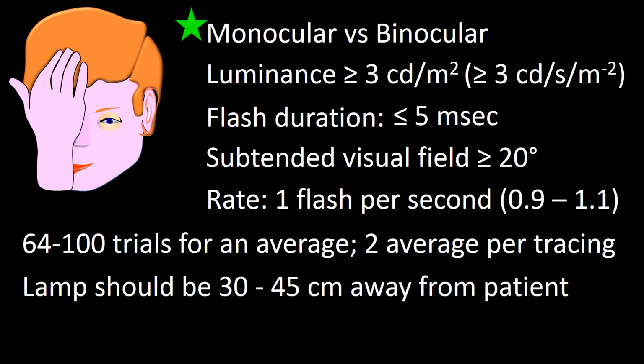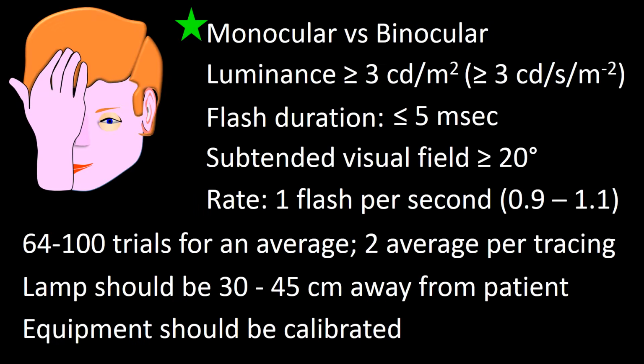When a lamp is used, it should be 30 to 45 centimeters away from the patient. Equipment should be calibrated. I have not been able to determine how often it should be calibrated.